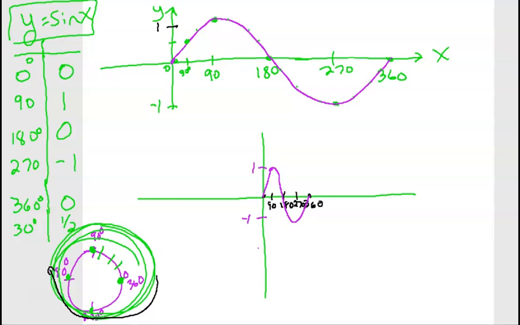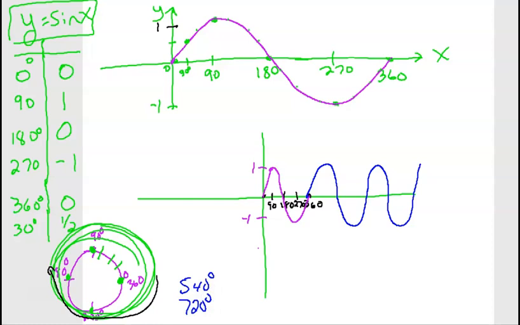But again, we can keep going around the circle, and it's just going to keep looking like this. The sine function is going to keep looking like this. If I wanted to plug in 540 degrees, if I wanted to plug in 720 degrees, the sine of that would just be further along.